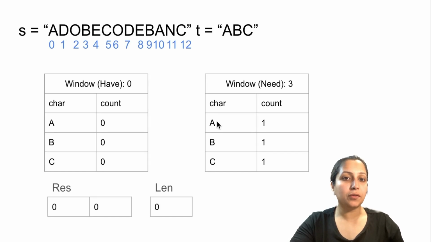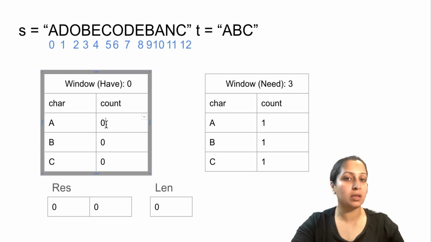Now, what if we don't have to check 3 conditions every time we move ahead? Can we check 1 or 2 conditions to go ahead? Yes, there is a way. Suppose you start from the 0th index in this example and you check the number of conditions met. You check only one condition, that is the count of the character you have come across. A is one of those characters which is from string T. So we check the count of just A and not the other characters, and we increment it by 1.